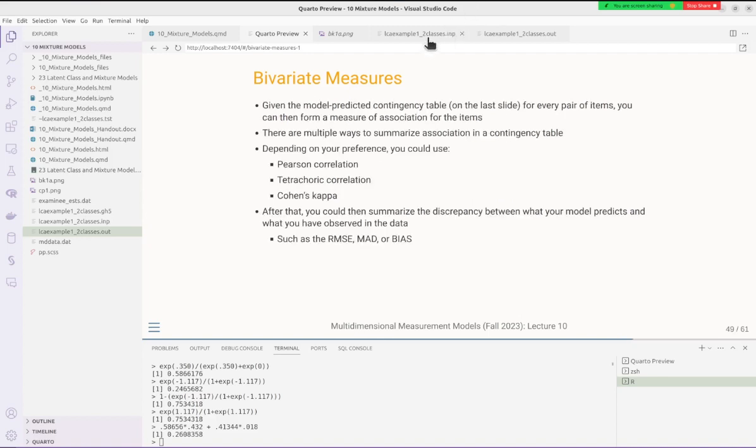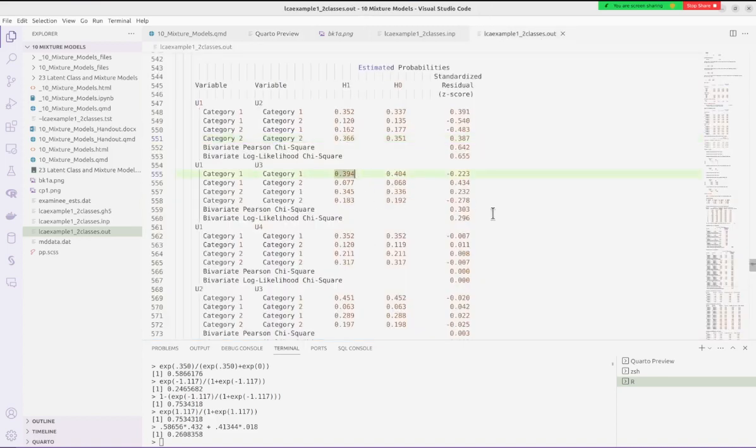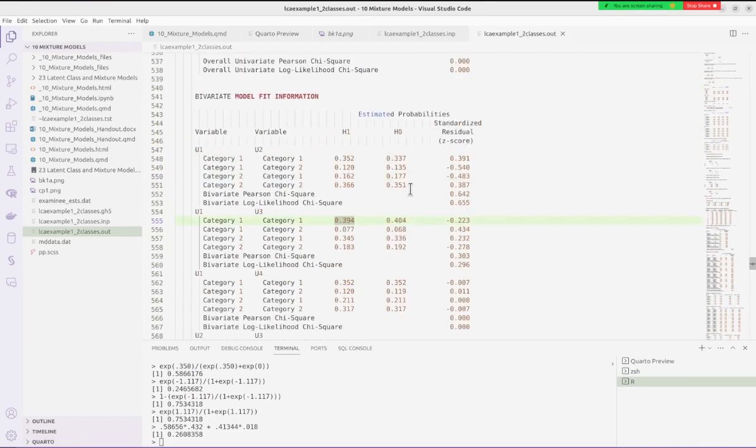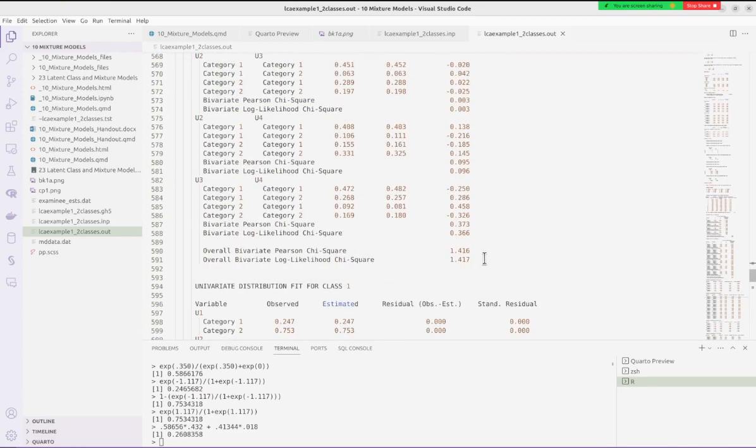So here, you can see each of these values. You can see for each pair of items a Pearson chi-square. So you could tell for a pair of items from this whether the model fits that pair well. And then at the bottom it sums those overall bivariate Pearson chi-square and overall likelihood ratio chi-square together.